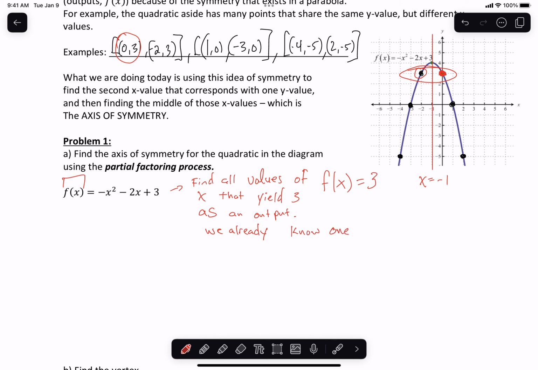If we didn't have the picture, we wouldn't know the second one already, but we would know one for sure. The one we would know would be that y-intercept, right? It would be 0, 3. Okay, our job is to find the other one.